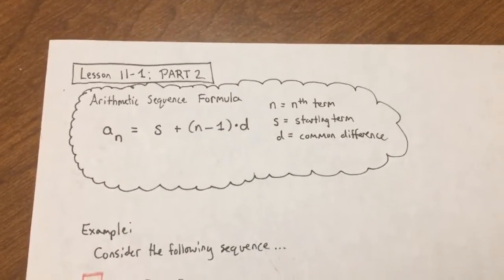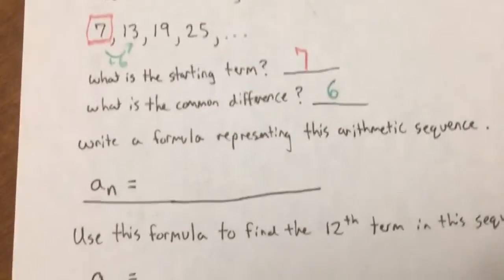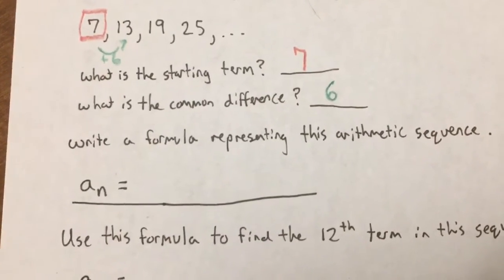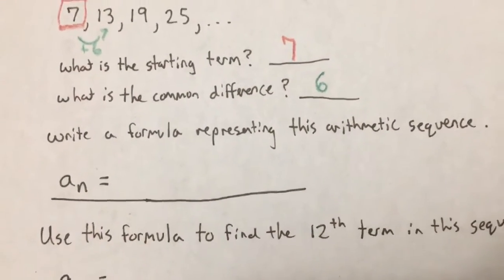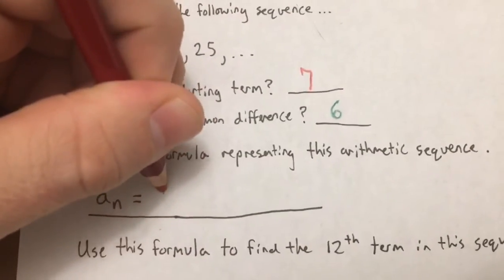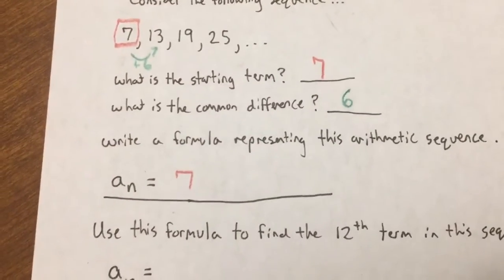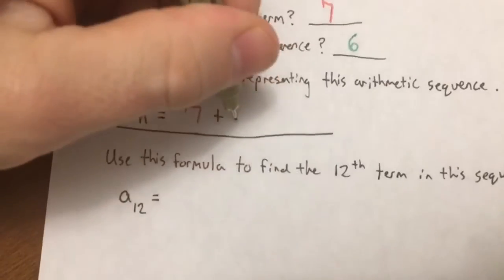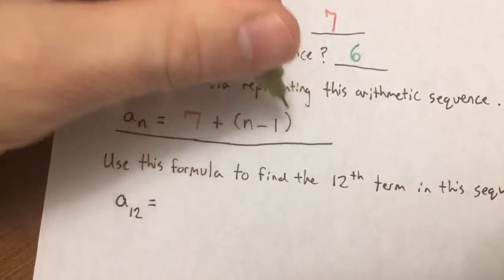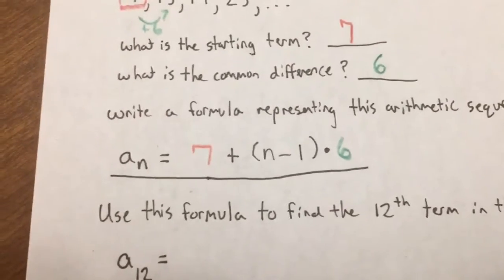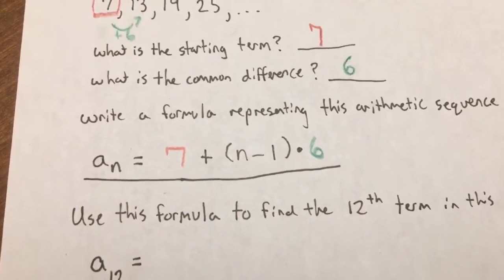If we use the format up above, a of n, which we read as a subscript n or a sub n, equals our starting term, which is 7, plus n minus 1 times our common difference, which is 6. There's our formula that represents the arithmetic sequence for this example.